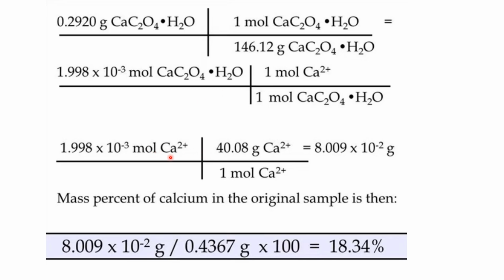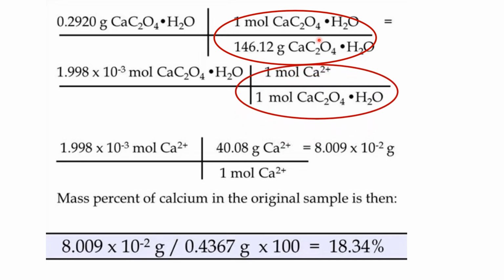And the third is from mole of calcium to gram of calcium. So first factor is conversion of this precipitate to mole of calcium oxalate. Next, this is the ratio of calcium ion in the calcium oxalate. And the third is from the mole of calcium ion converted to gram of calcium ion.